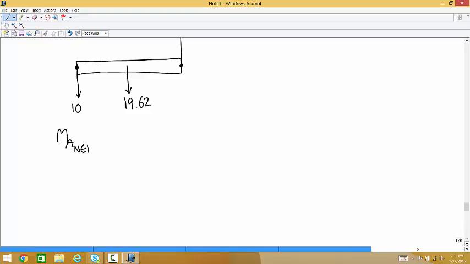So the net moment is, that 10 is acting right at the axis, so that doesn't produce any moment. The 19.62 has a moment arm of 0.5. The distance is 0.5 from the axis to where the force is applied. So that's 9.81. And with that weight force, if it was acting alone, would it make it rotate clockwise or counterclockwise around that axis? Clockwise, yep. So the 9.81 is negative.